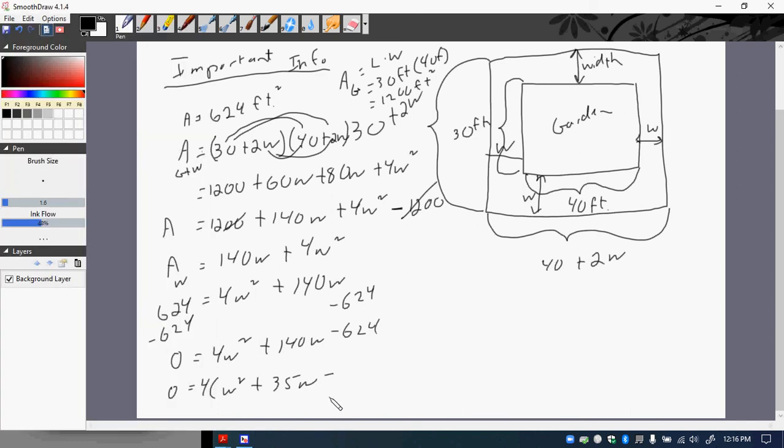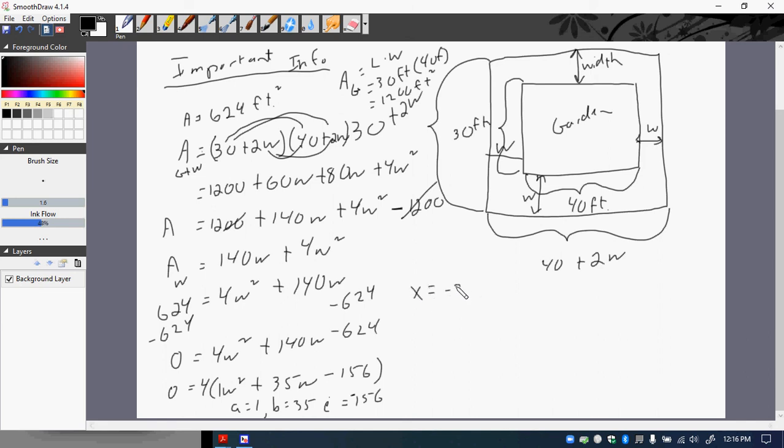So now A is 1, B is 35, and C is negative 156, and I put these into my quadratic formula.